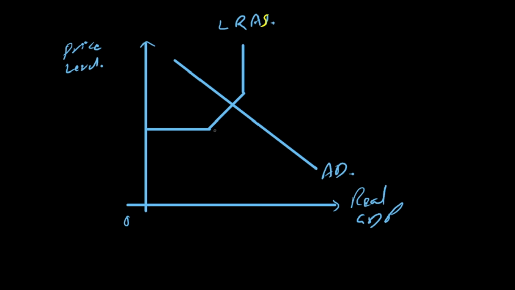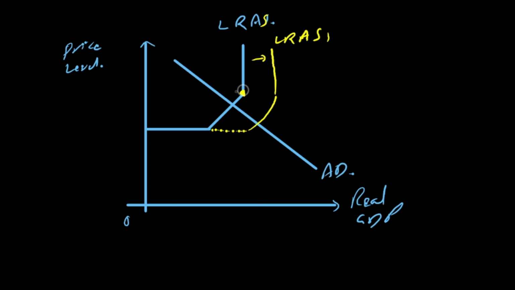So now long run economic growth will lead to a rightward shift in the long run aggregate supply curve. So you have to extend this horizontal part, and then you can add the positively sloped part again, and then make it a vertical straight line. So this is long run aggregate supply curve 1 that has shifted to the right.